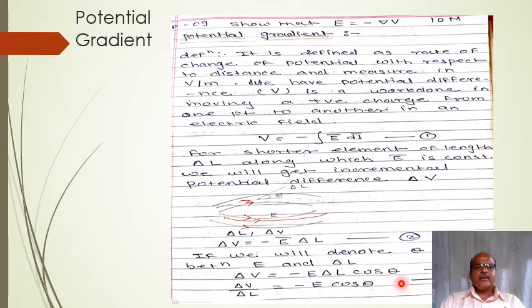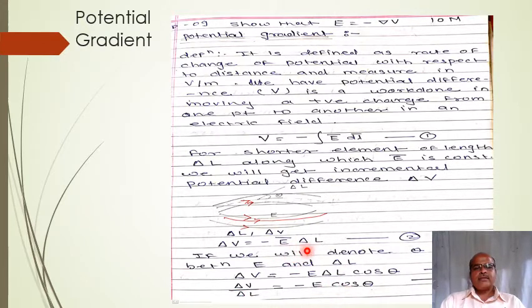If we denote theta as the angle between E and del L, then del V is equal to minus of E del L cos theta. Therefore, del V upon del L is equal to minus of E cos theta, as del L goes to the other side.